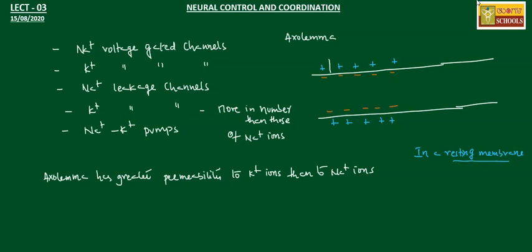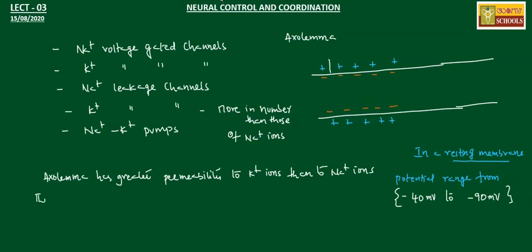In a resting membrane, the potentials range from minus 40 millivolts to minus 90 millivolts.